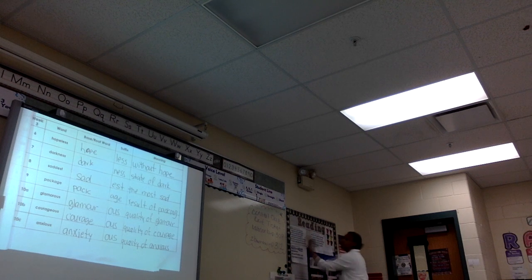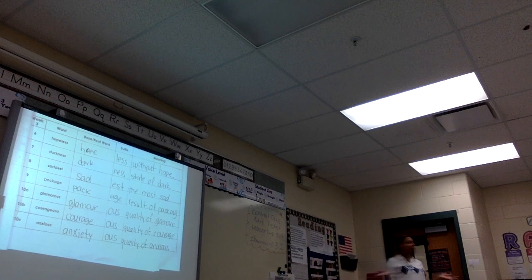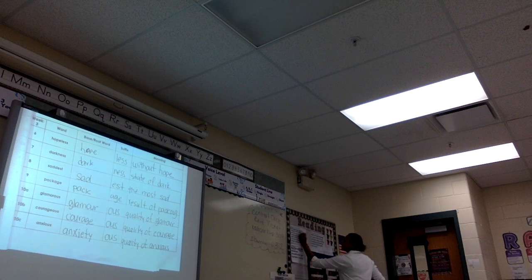Our action is we're going to do something with our context clues. We have to use them in order to use figurative language, word relationships, reference materials, and or background knowledge.